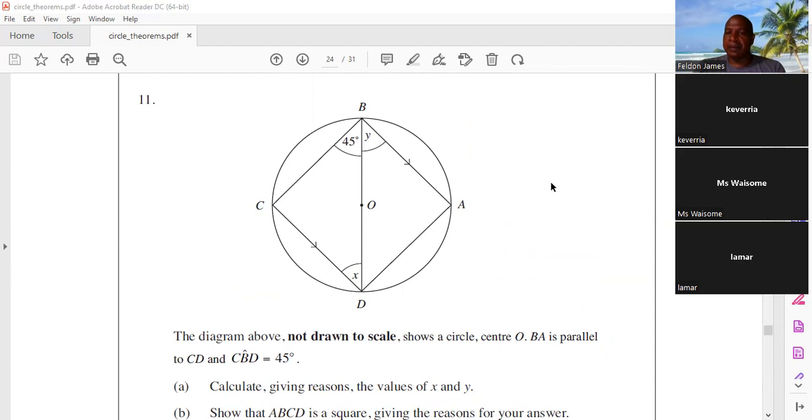So which other property of a square would you have to apply? What is the measurement of the angles within a square? 90 degrees. So you would have to use that property. So all the angles at A, B, C, and D are 90 degrees. That's one of the properties of a square. So all sides are equal and all angles are equal to 90 degrees.